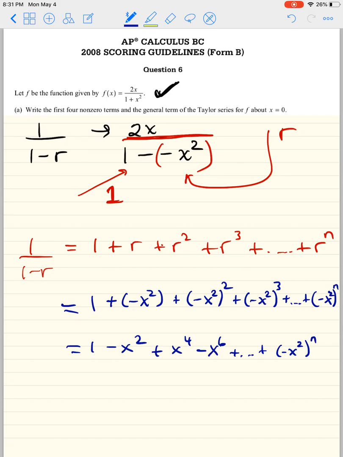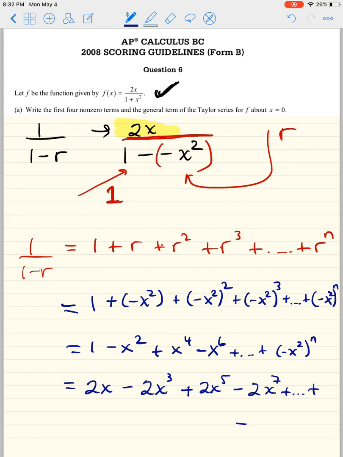Now I gotta come back here and take care of this 2x. So what I'm gonna do in this case is just multiply everybody by 2x. So 2x times 1 is 2x, minus 2x times that guy is going to be 2x to the third. Then plus 2x times x to the fourth is 2x to the fifth. And then minus 2x to the seventh. This is why I wanted to wait here.